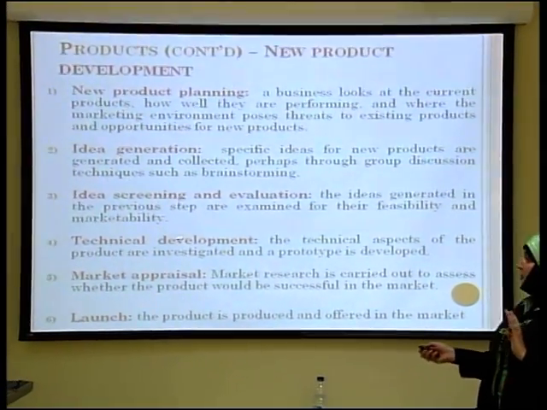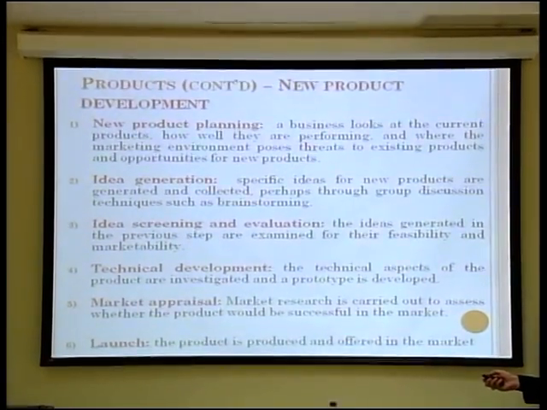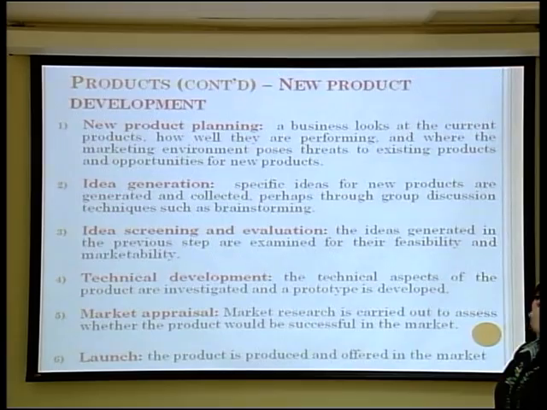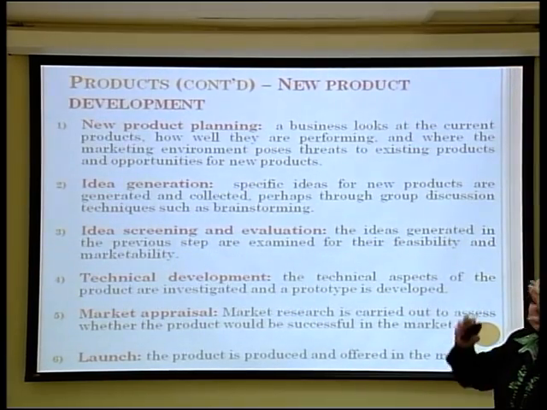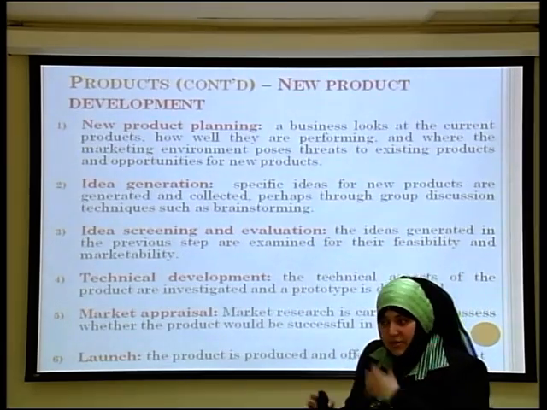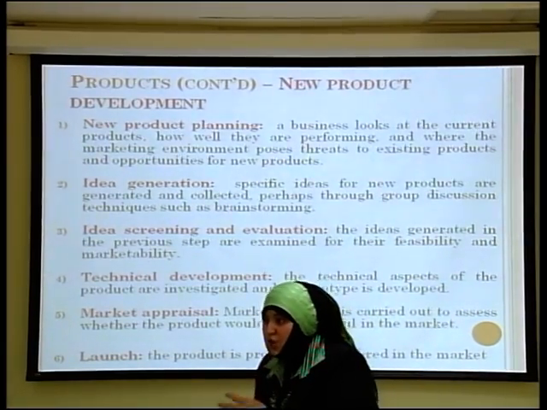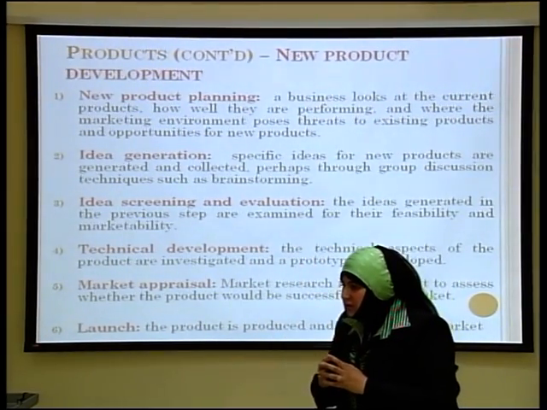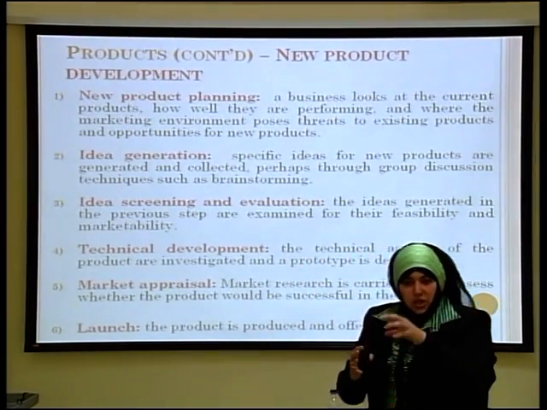Then the technical development. Now we have decided on one of the ideas, and you will start designing the product. You need to get your R&D, research and development team in your business to prepare a prototype for the product. Design it and work on this.